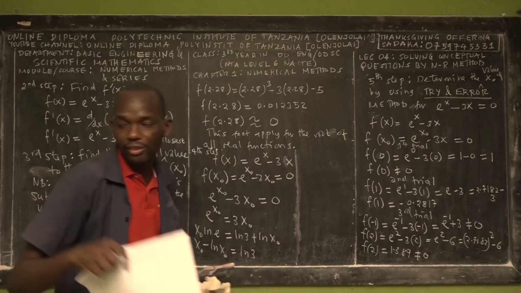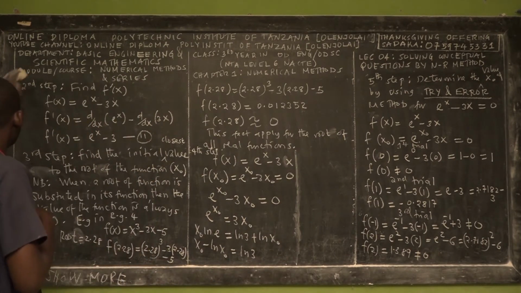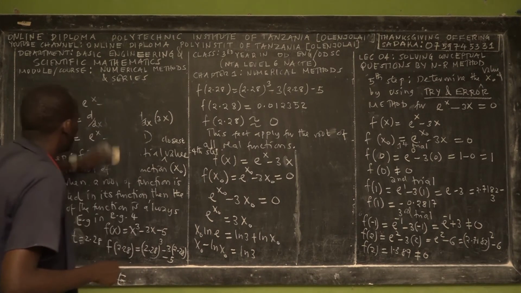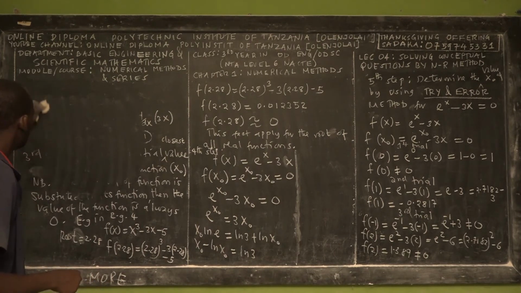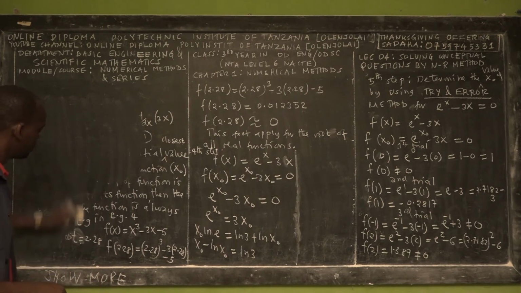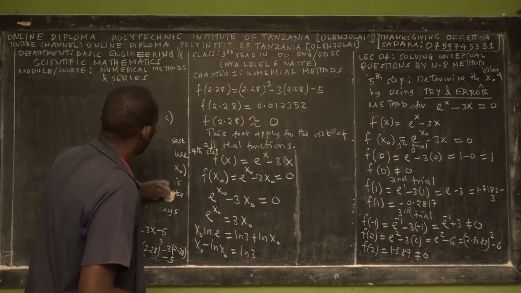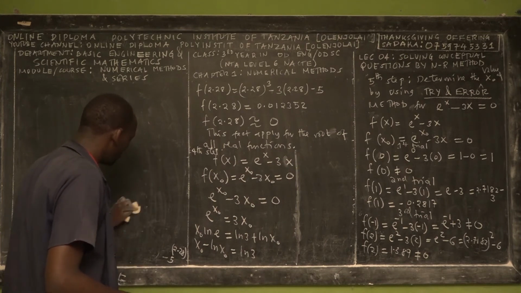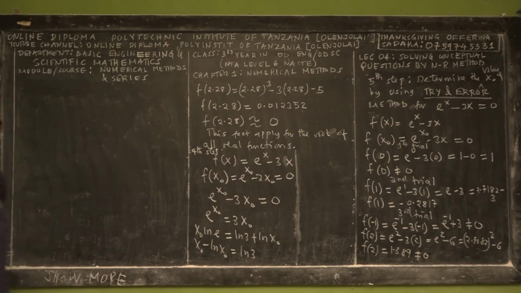Actually, the last try. And then from those trials, you pick the closest value of the root, because we are not finding the actual root, but we are finding the closest root. Because for the previous example 4, if you do remember, the exact root is 2.2, or the approximate root is 2.28.